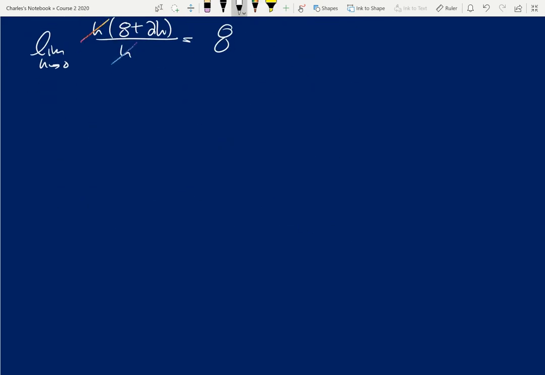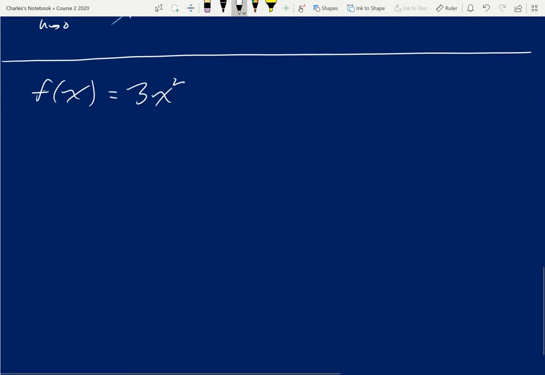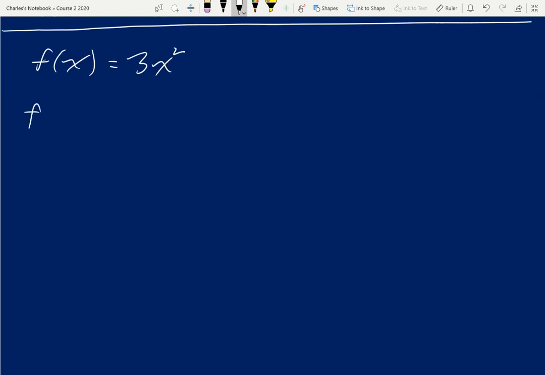You can get more abstract with these. Abstract is like when you use fewer numbers and more letters, okay? So let's say I have f of x is equal to 3x squared. And I want to know what f prime of x is equal to.